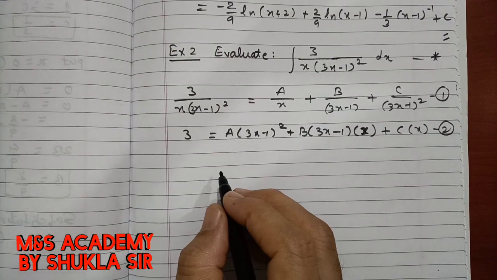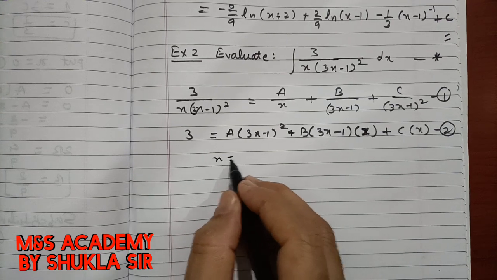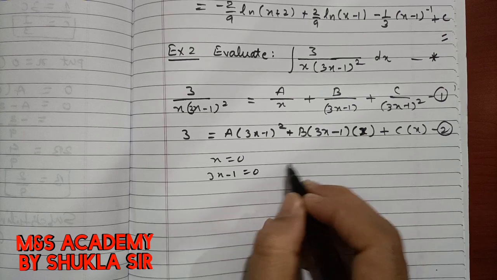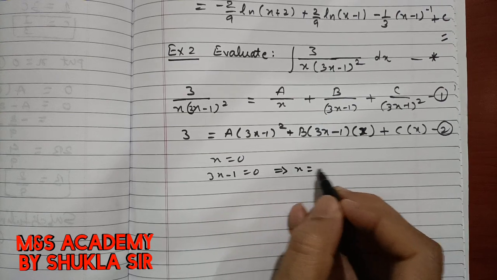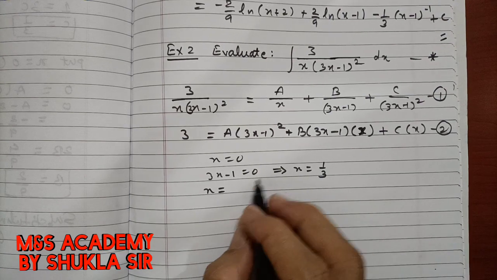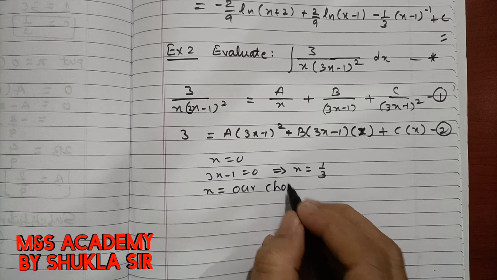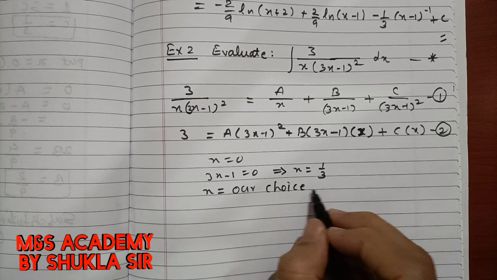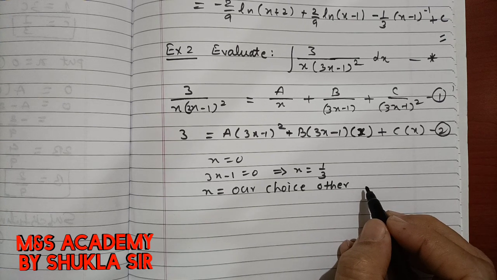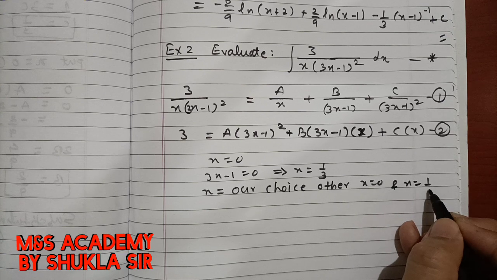Now from the factors we can get the roots. So x is equal to 0, this is the first one. 3x minus 1 equal to 0, this implies x is equal to 1 by 3, and x is equal to our choice in this case, other than those roots, that is x is equal to 0 and x is equal to 1 by 3.